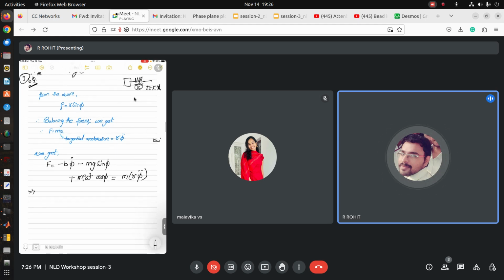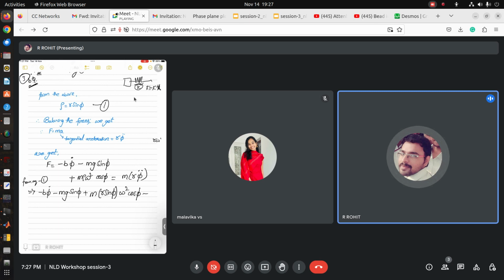So m into acceleration is nothing but r phi double dot. So this implies minus b phi dot minus mg sine phi plus m into rho, which I will write in terms of equation 1. From equation 1, I can write rho as nothing but r sine phi, into omega square cos phi.